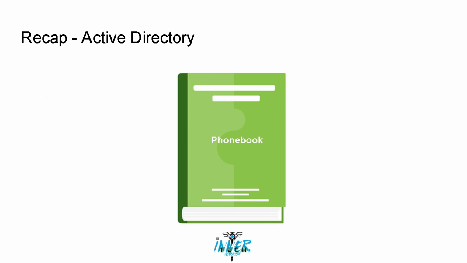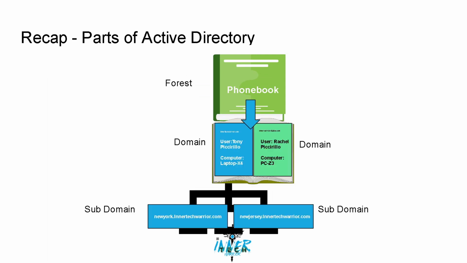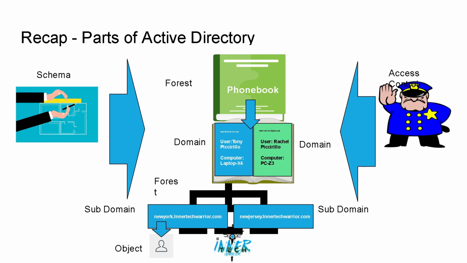We learned that Active Directory is like a big phone book for your computer network, keeping track of all the people and devices that are allowed to use the network. We also learned about the different parts of Active Directory, including the forest, domains, trees, objects, schema, and access control.